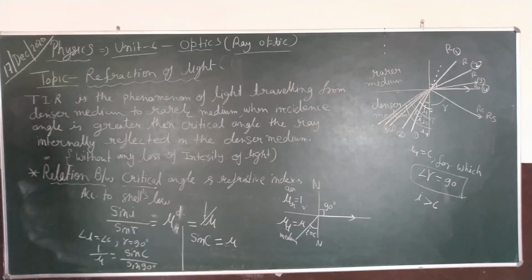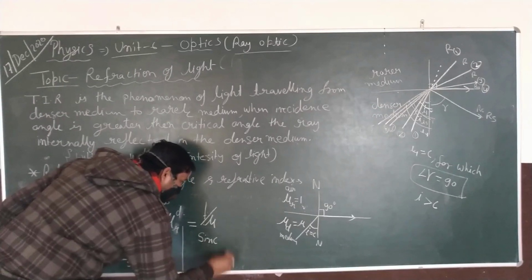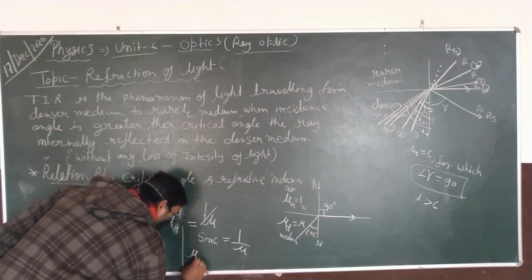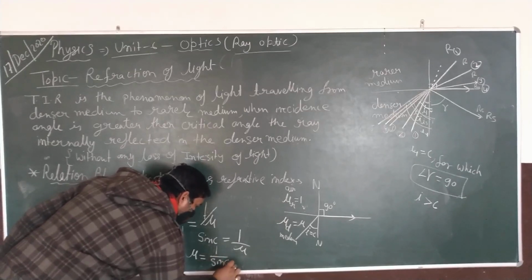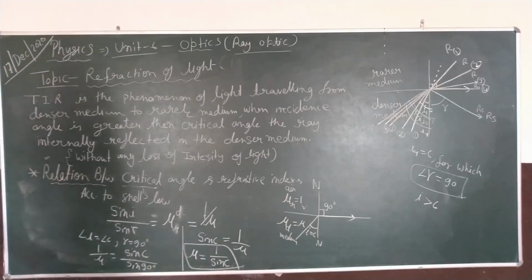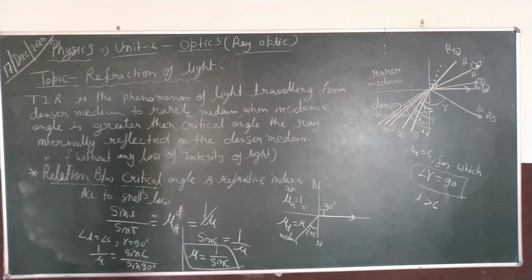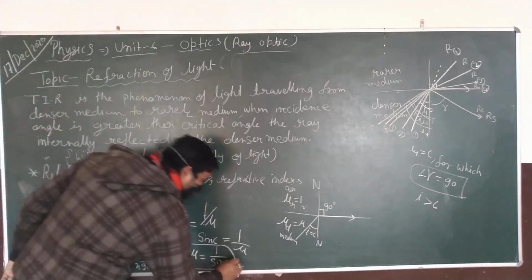Clear? Therefore, we get sin C equal to 1 upon mu. This we calculate by using the refractive index of the denser medium: mu is 1 upon sin C. This is the relation between refractive index and the critical angle of the denser medium, for which the refracted angle is 90. Okay.